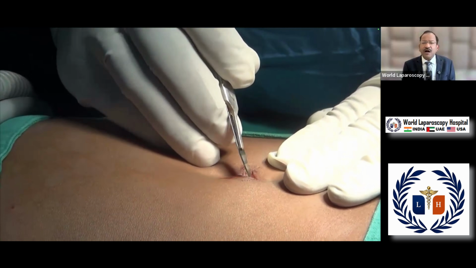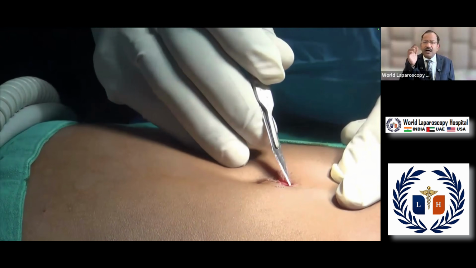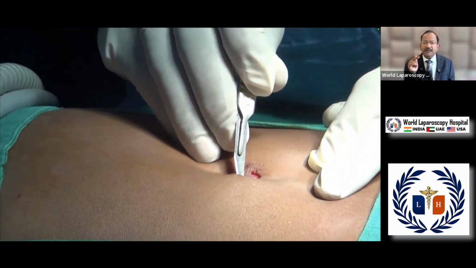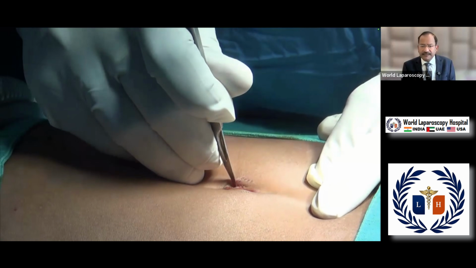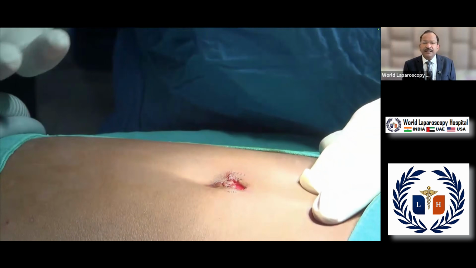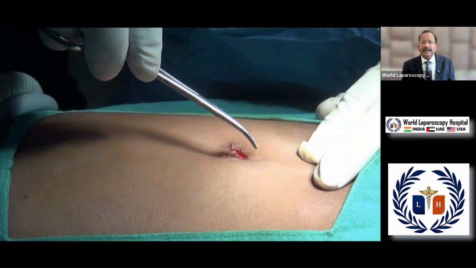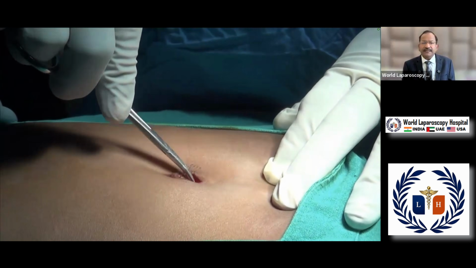Then you will hold the trocar. The head of the trocar should rest over the thenar eminence, and this is a smiling incision. After that, you will take a mosquito and dilate the obliterated vitellointestinal tract.